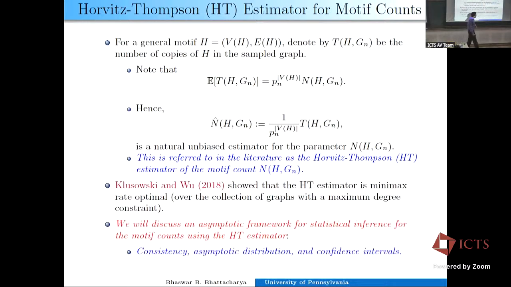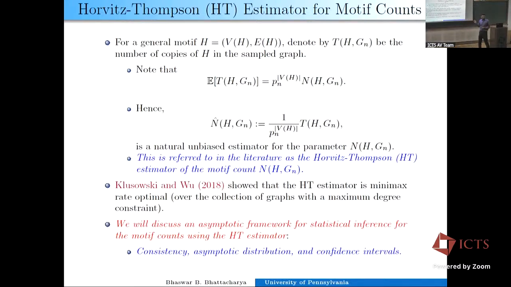However, this result will not tell you how you can do statistical inference with this. What do I mean by that? In statistics, if you have a parameter, you get a point estimate, but you also want its uncertainty quantification. You want an error bar. To get an error bar, you need some kind of variance or distributional result. This will not give you that. So our goal here would be to come up with the asymptotic framework for consistency and finding confidence intervals.